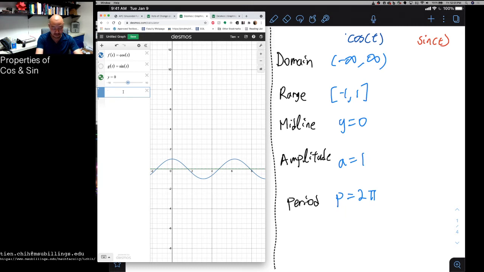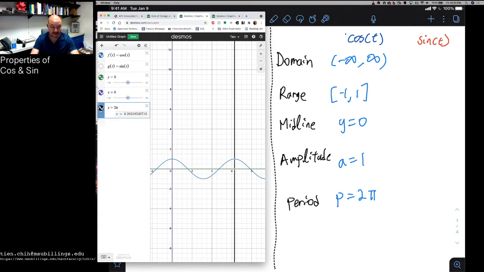We can see this a little bit more concretely if I plot, let's say, 2 lines, x equals 0 and x equals 2 pi. Let's make them the same color and dashed. We see that from 0 to 2 pi, that's exactly a cycle, and we're back to where we started.